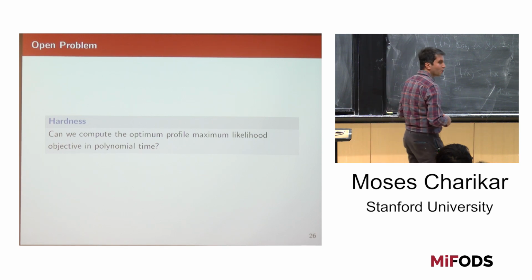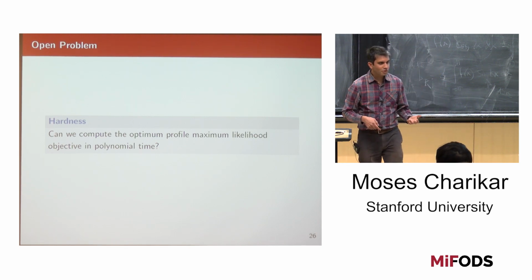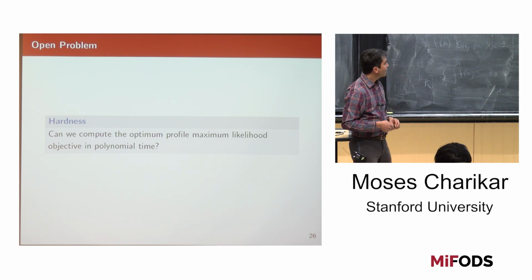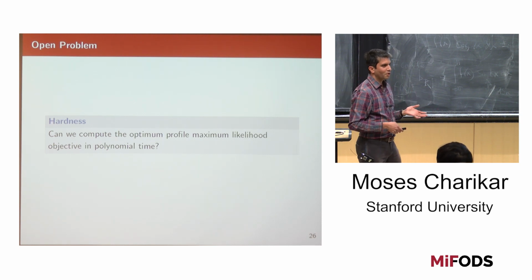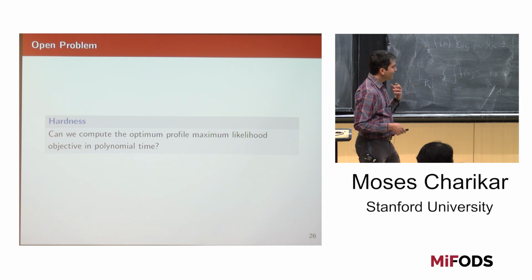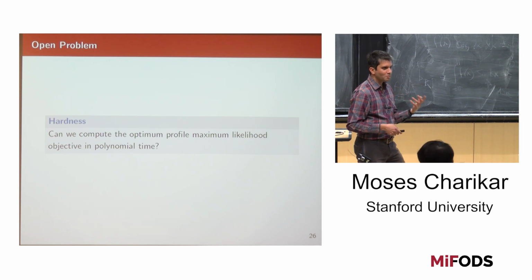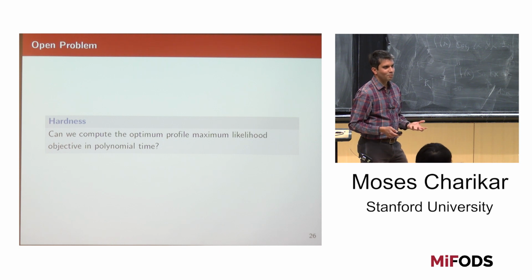Okay, I'll end with one interesting question. So we spent a lot of time thinking about how well we can approximate profile maximum likelihood. One embarrassing open problem, okay? Can we actually compute the optimum profile maximum likelihood objective in polynomial time? Actually, I don't know the answer to that question. So at least in this form, it seems kind of optimistic. Would you hope for a PTAS instead? I think the problem is hard.